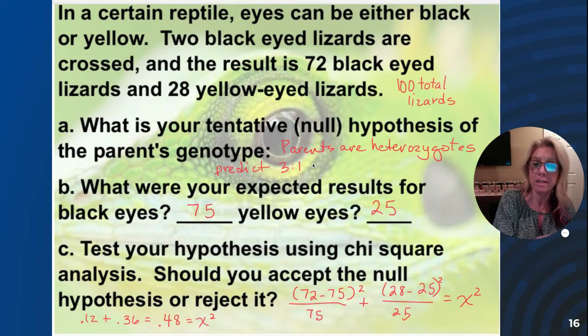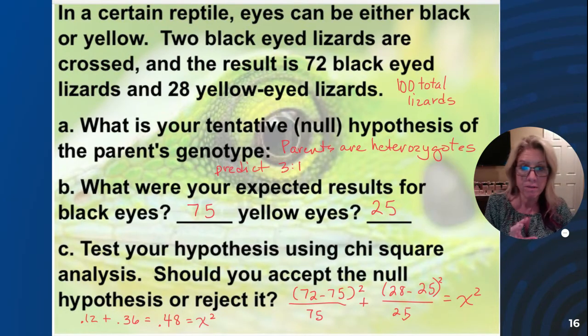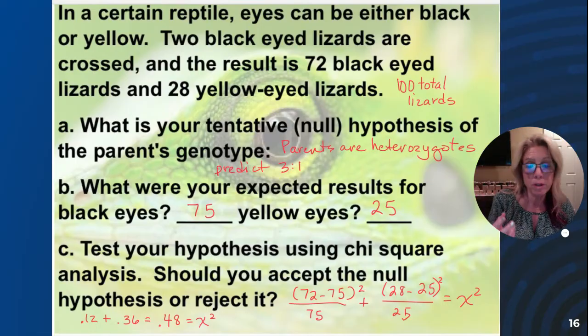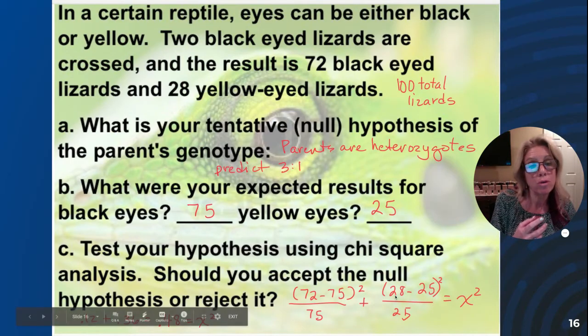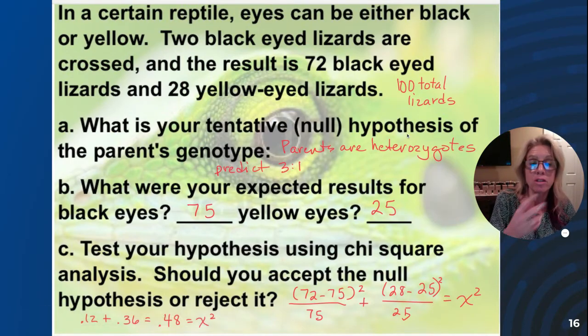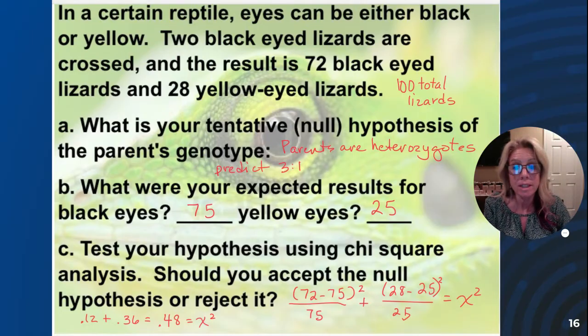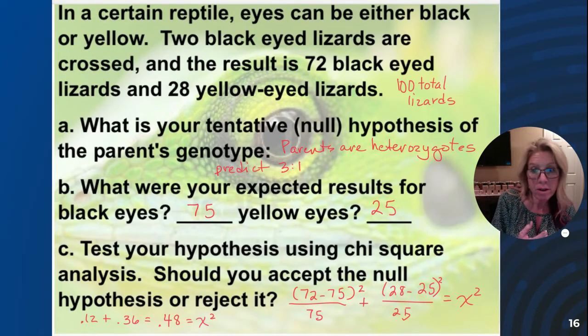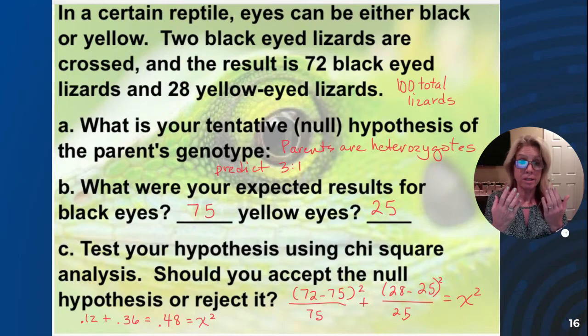So 72 minus 75, squared, over 75. That's 0.12 if you look in the bottom left-hand corner. And then I got 28 yellow, so 28 minus the 25 that I expected, squared, over 25 is 0.36. I add those together, and that is 0.48. That's my chi-squared value. So how many degrees of freedom did I have? Well, I had two kinds of offspring, right?